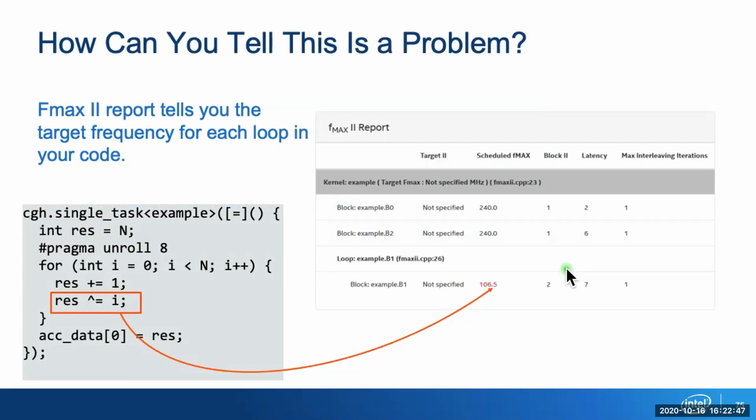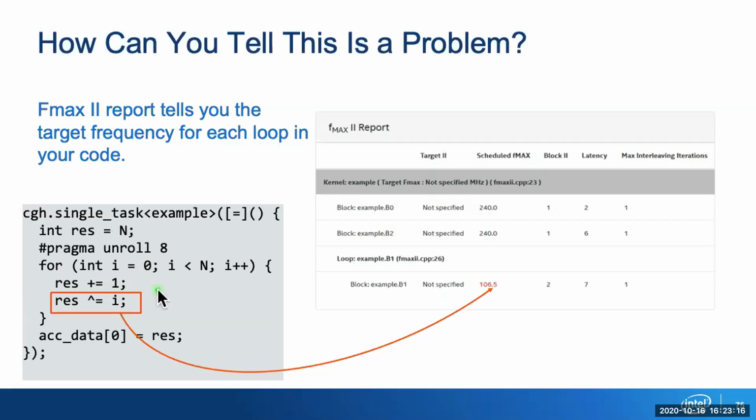Here we have an example. If we unroll this loop 8 times, we have a short operation that will be done in cascade. So this will be a long critical path, and this will increase the latency, the electrical signal propagation path.